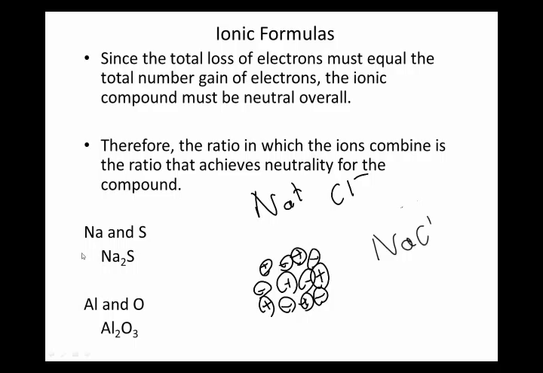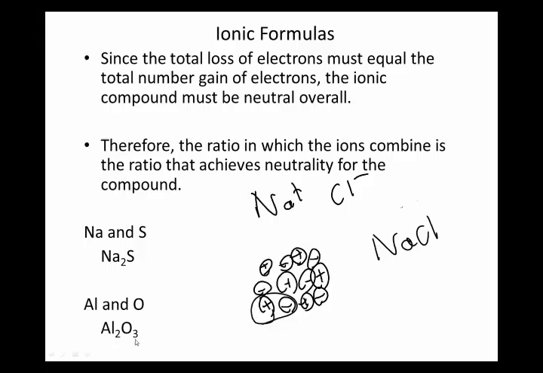It's telling you that there's an equal number of sodium and chloride ions in that lattice. With sodium sulfide, it's telling you there are twice as many sodium ions as sulfide ions. And the ratio between aluminum and oxygen is 2 to 3, right? Or another way you can think about it is it's the smallest neutral unit you can make. But don't make the mistake of thinking that this is actually like a molecule.